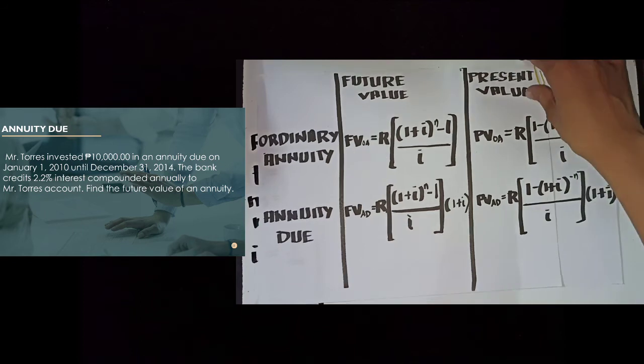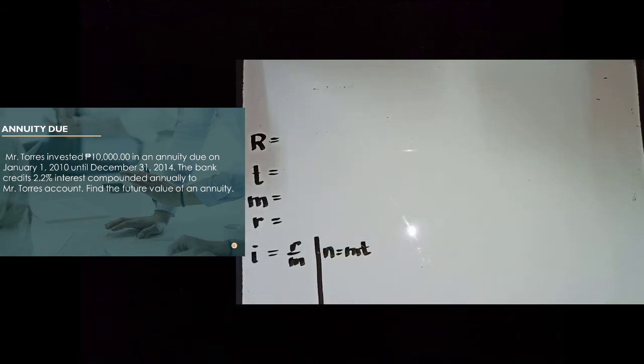Okay, so for example number 1, Mr. Torres invested 10,000 pesos in an annuity due on January 1, 2010 until December 31, 2014. The bank credits 2.2% interest compounded annually to Mr. Torres' account. Find the future value of an annuity.